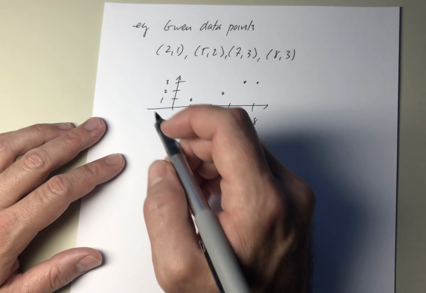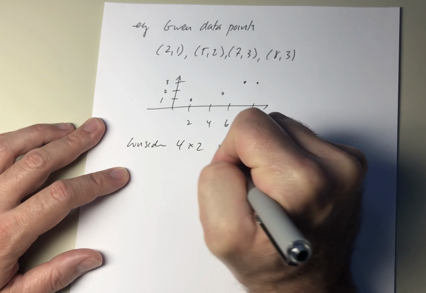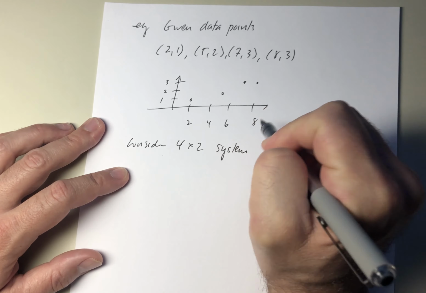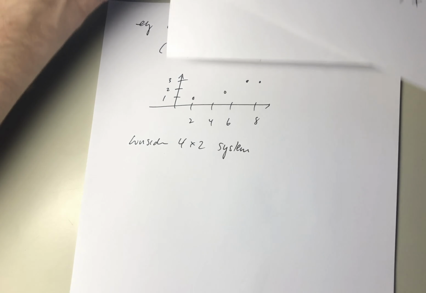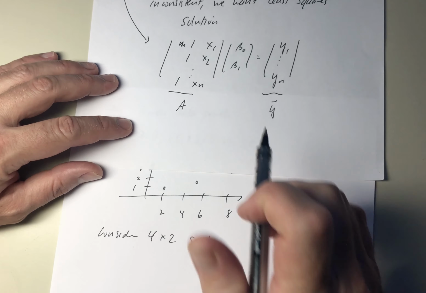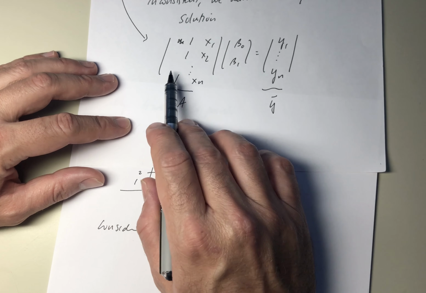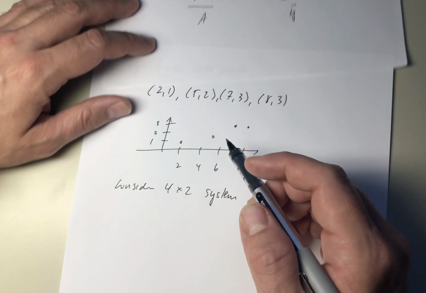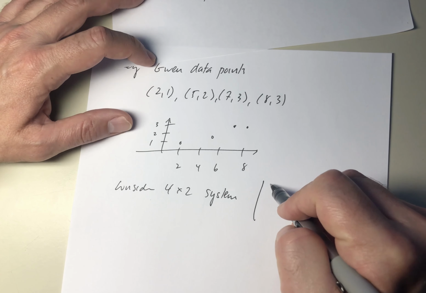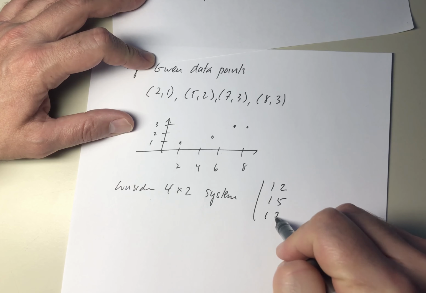Okay, so what's the system here? We're going to have a 4x2 system. Let me go back to my cheat sheet to see what it looks like. The matrix is going to be 1 x1, 1 x2, up to 1 xn, so it's 1, 2, 1, 5, 1, 7, 1, 8.